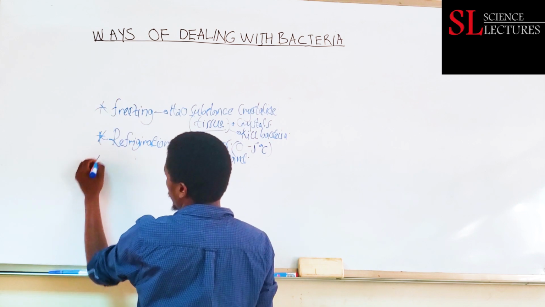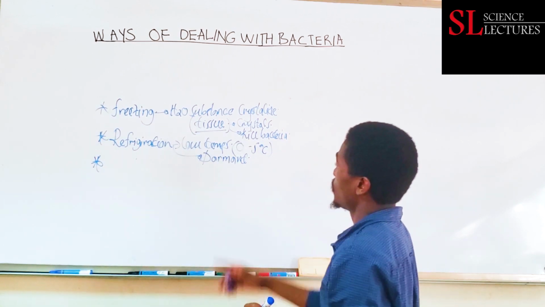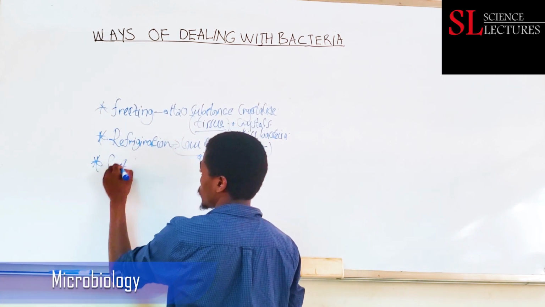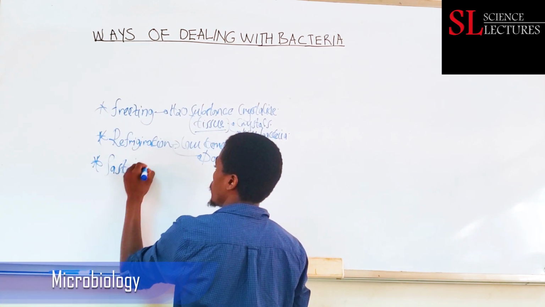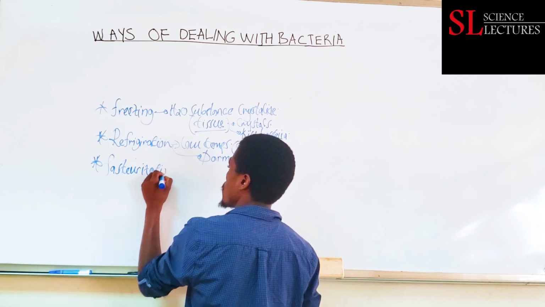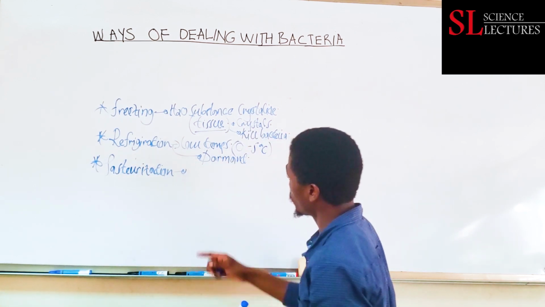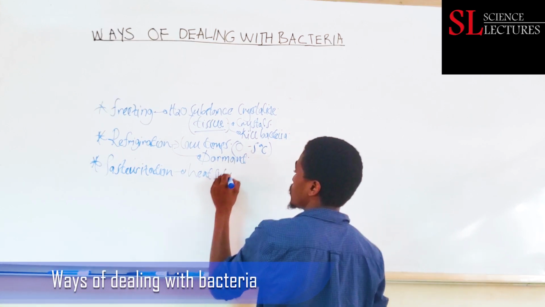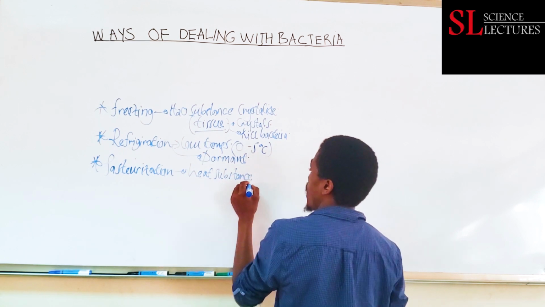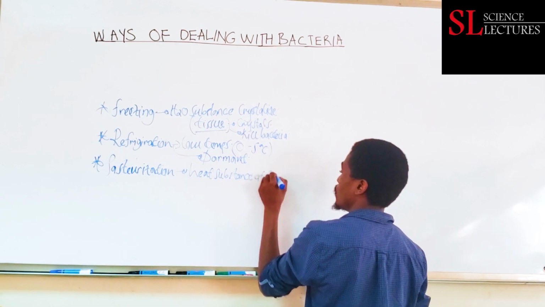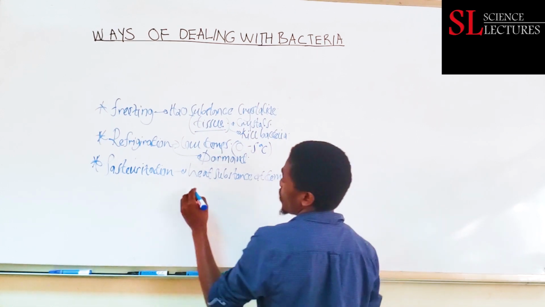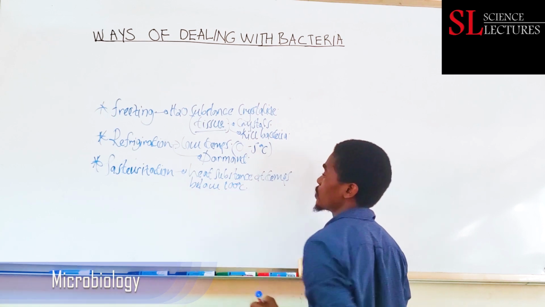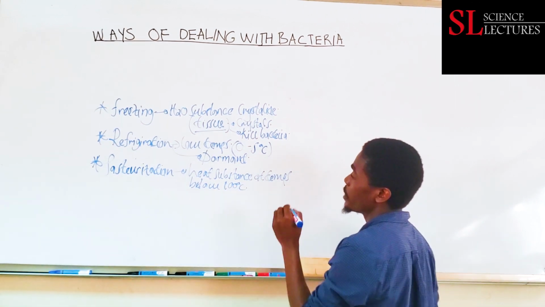Which other way can we apply to deal with the bacteria? Pasteurization. In pasteurization, we heat the substance at temperatures below 100 degrees Celsius, in other words, below the boiling point of water.